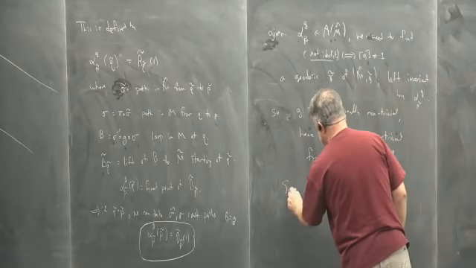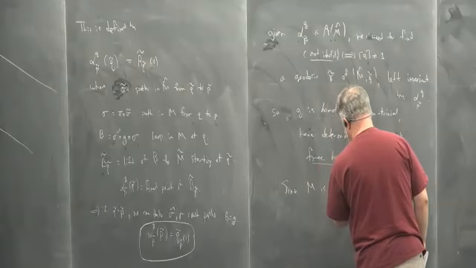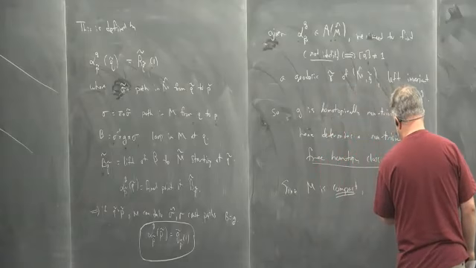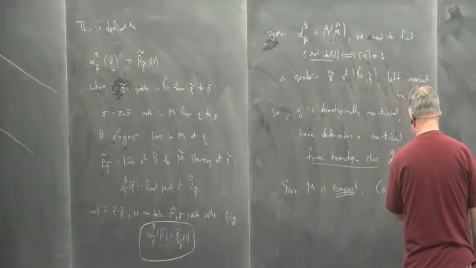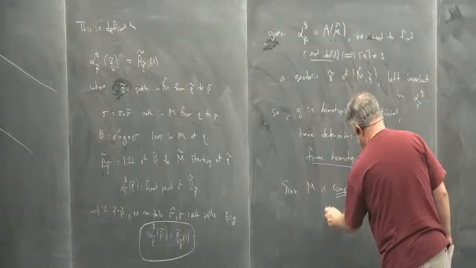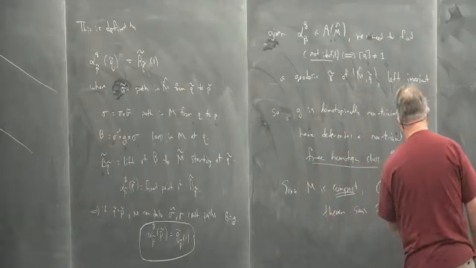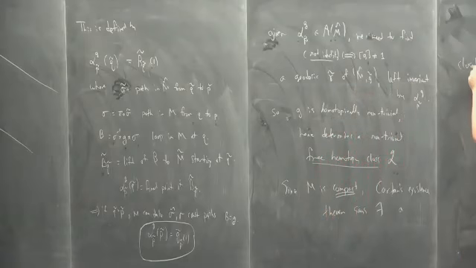Since M is compact, Cartan's existence theorem, which I just reviewed, says that there exists a closed geodesic gamma in M, freely homotopic to G. And that means it's in this class.